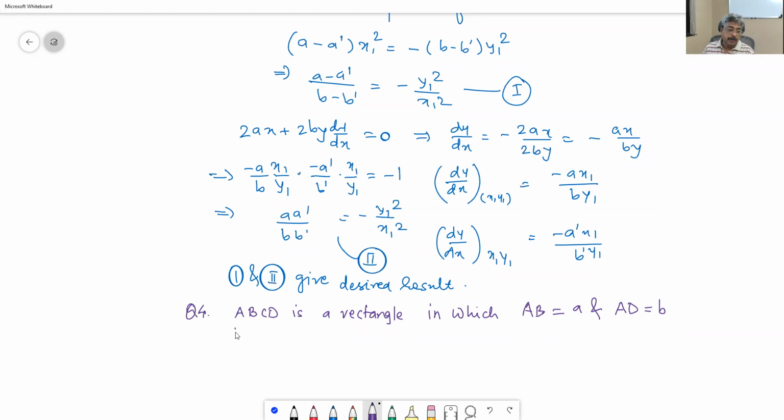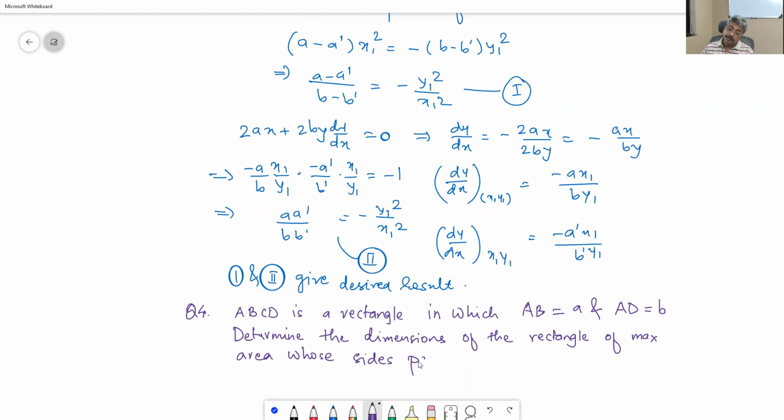Determine the dimensions of the rectangle of maximum area whose sides pass through the vertices of rectangle A, B, C, D.